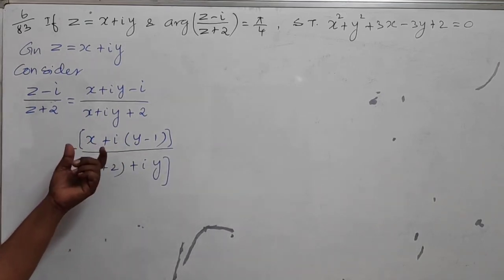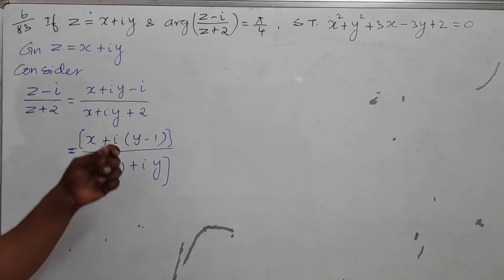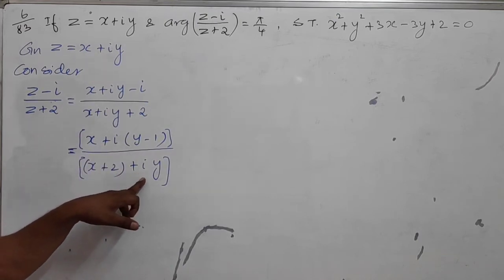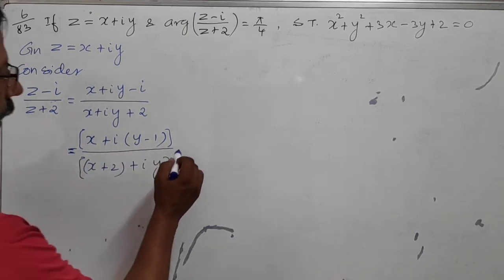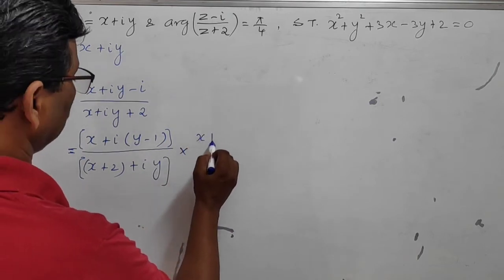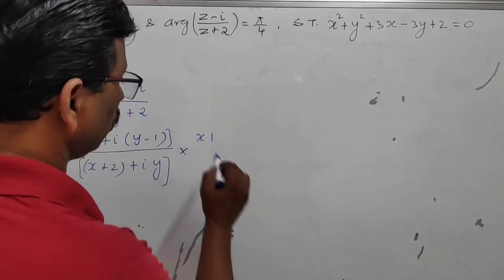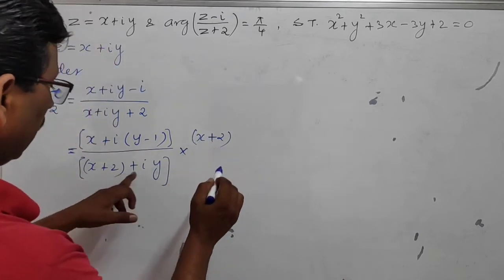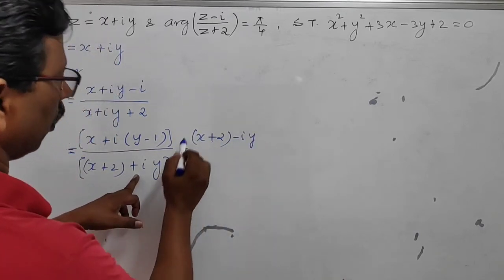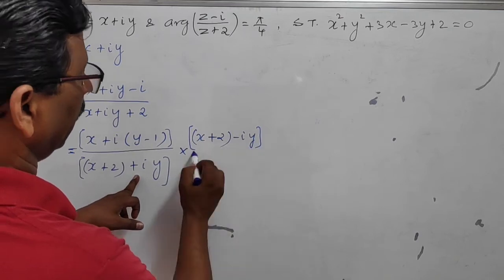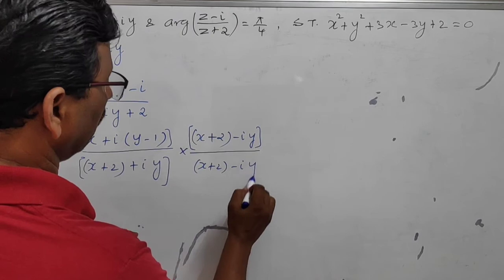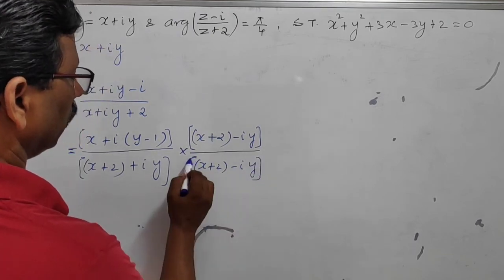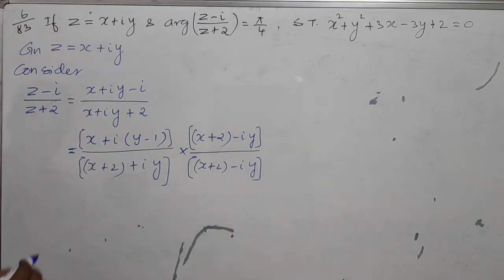Therefore, if we want to write this totally in rectangular form, we should not have i in the denominator. This can be removed by multiplying and dividing by the conjugate of the denominator. Therefore, you multiply by (x plus 2 minus iy), which is the conjugate of the denominator, over again (x plus 2 minus iy). Now you have to multiply the numerator.